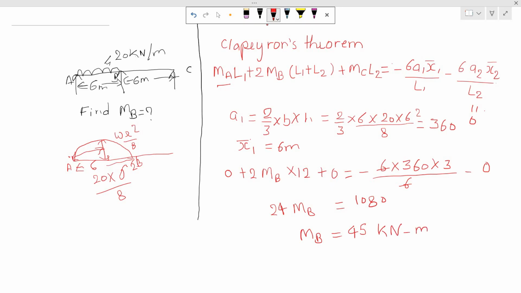Now there is a minus sign here. You will put minus here. This is also minus. So the value of MB, which is moment at B, will be minus 45 kilonewton meter. So this is the problem of continuous beam using Clapeyron theorem has been solved.